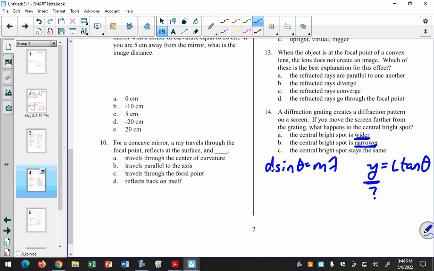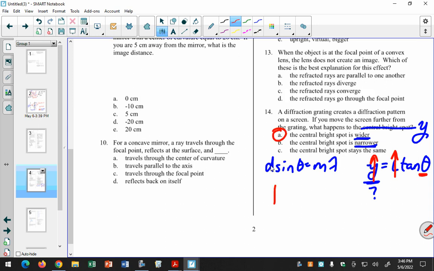So I'm asking what happens to y. If I move the screen farther from the grating, well, this one's easy, because I'm increasing L, that's going up. Theta remains constant because I'm not changing anything about the diffraction grating or the wavelength or any of that. So if L gets big, that means that y gets big. So the central bright spot gets wider.